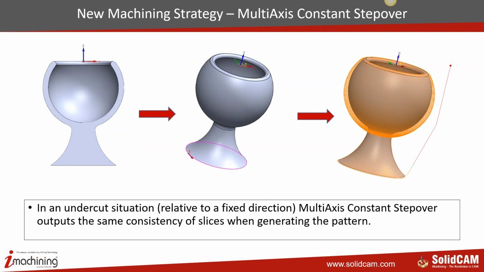So in an undercut situation, like the example that I've displayed here, SolidCAM's multi-axis constant stepover engine generates the same consistency of slices when it's making the pattern. That means it starts with a stepover, let's say at this point here, and it consistently goes on creating stepovers on the entire surface, maintaining a constant distance between the two cuts as it enters into this part.